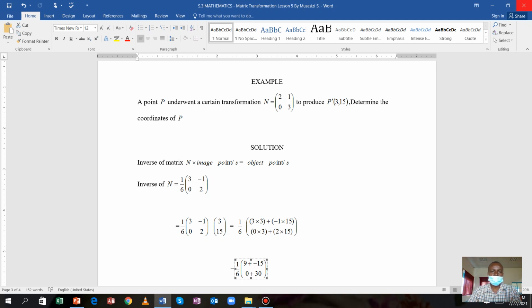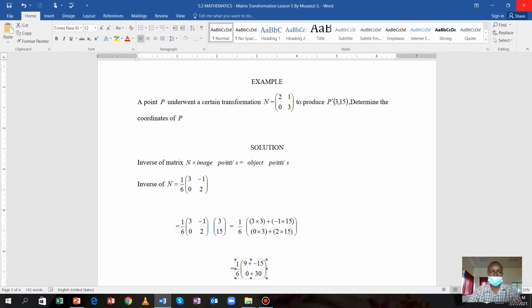So our inverse matrix will be 1 over 6 into 3, negative 1, 0, 2, and we are multiplying it by 3, 15. You maintain 1 over 6 until the last step, when we shall multiply and divide by 6, like the way we did in the previous example. So you multiply 3, negative 1, 0, 2, ignoring 1 over 6 for a while.